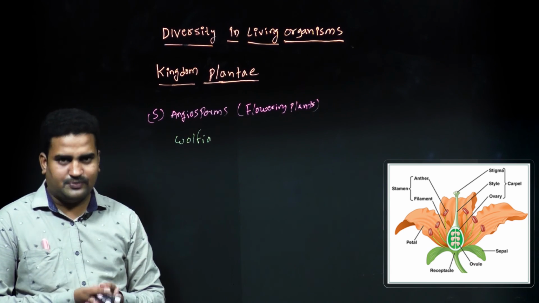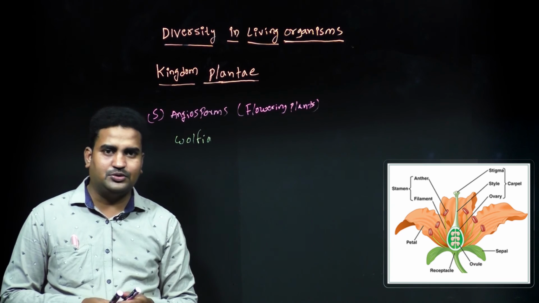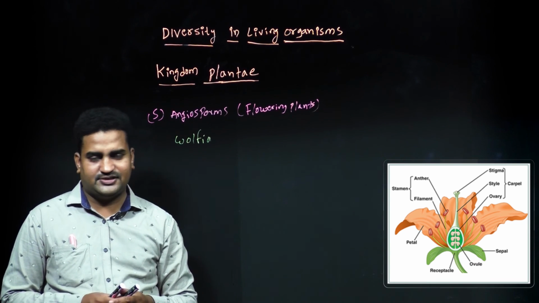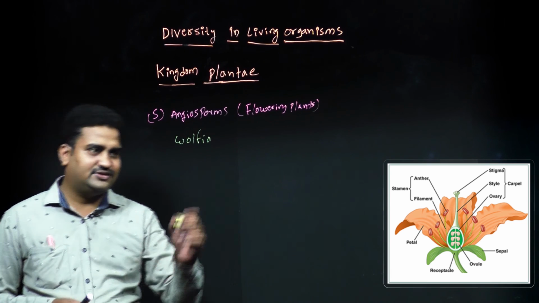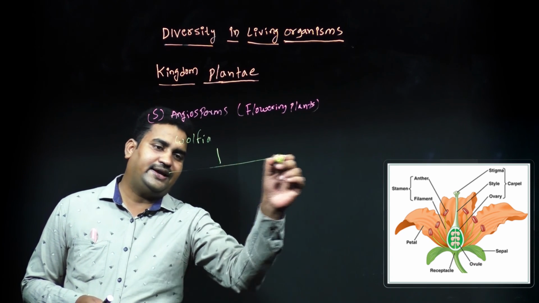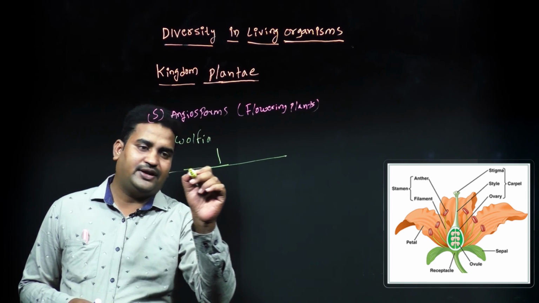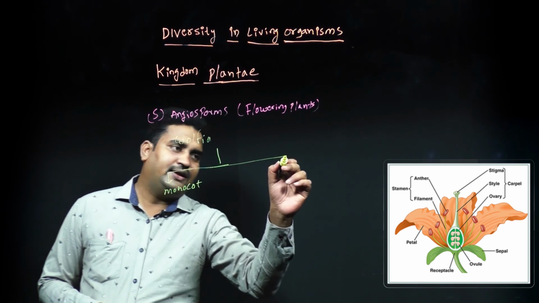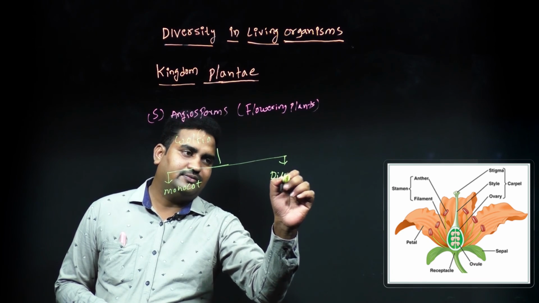These angiosperms are further divided into two kinds based on the cotyledons present in their seeds. So angiosperms are again two types. One is monocot and another one is dicot.